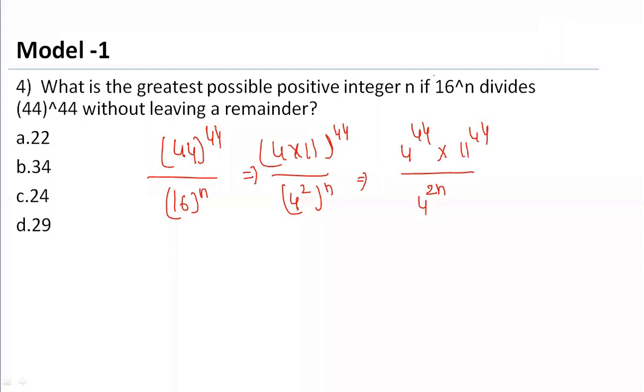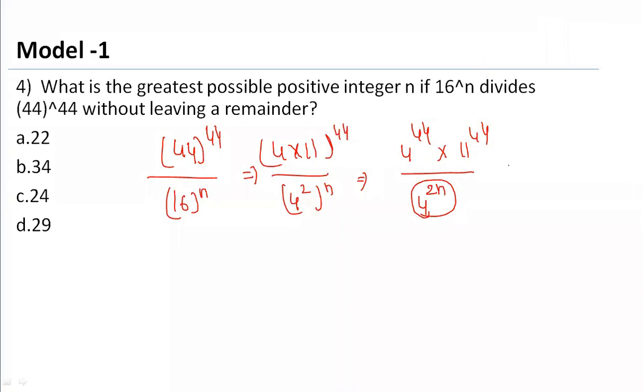Students, I told you already the denominator and numerator relationship: without leaving a remainder means exactly divisible. So whatever denominator you have, that should cancel the numerator at least minimum one time. Why they have said greatest possible integer: if you take more than 22, that is possible, but it will leave a remainder.